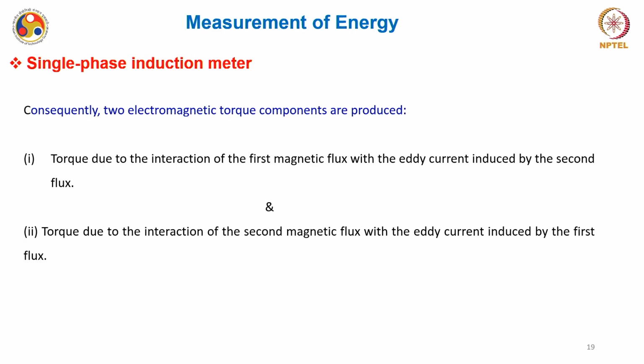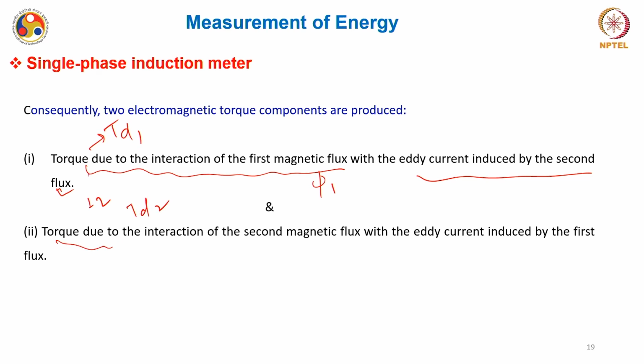Consequently, two electromagnetic torque components are also produced: torque due to the interaction of the first magnetic flux, phi 1, with the eddy current induced by the second flux, which was I2, and torque due to the interaction of the second magnetic flux with the eddy current induced by the first flux. So, I am calling them TD1 and TD2. TD1 is due to the interaction of phi 1 with I2, and similarly there is another torque, TD2, because of the interaction of phi 2 and I1.